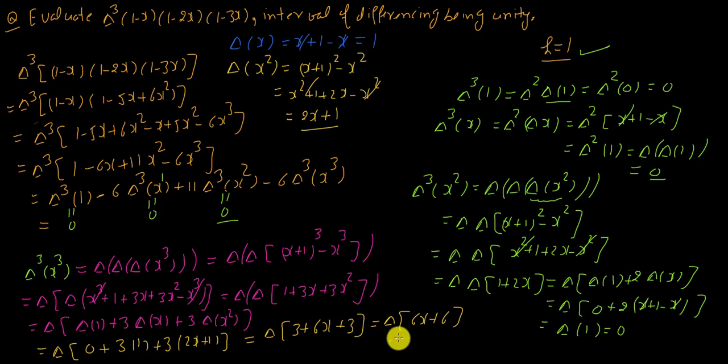So this will be further equal to delta 6x plus delta 6, and this can be written as 6 delta x plus 0, and the delta x you have calculated is 1, so this value is 6. So this implies that delta cube x cube is equal to 6.